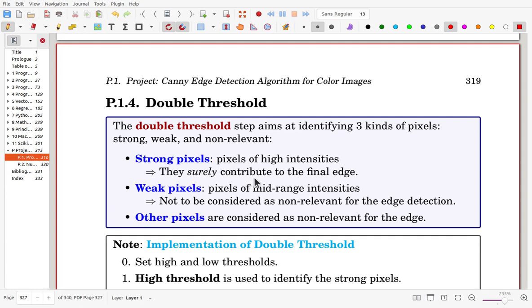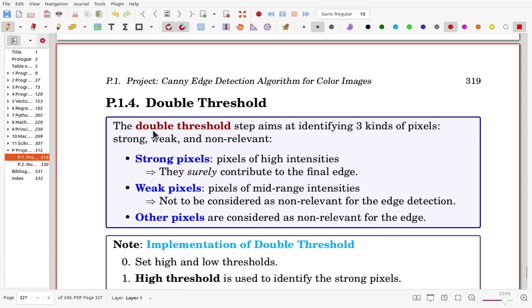So basically, with the high threshold, the strong pixels will have a value larger than or equal to the high threshold. Weak pixels are pixels of mid-range intensities. Other pixels are considered non-relevant for the edge, which means that the intensity is lower than the low threshold.